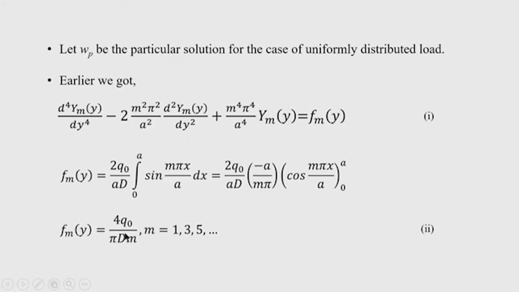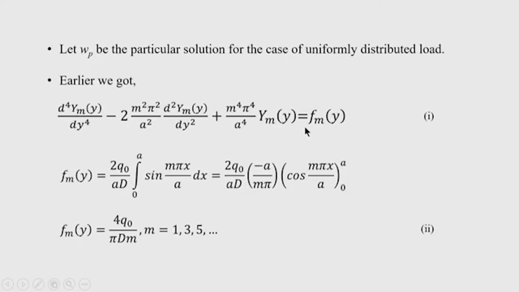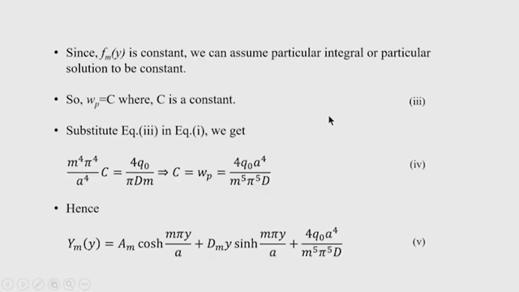And this is obviously a constant. Therefore, we assume that the particular integral or particular solution is also a constant. So, let us assume that W p equal to c, where c is a constant. Substituting these 3 in equation 1, we get this. That means, if this is a solution, then it must satisfy the differential equation, that is the philosophy.